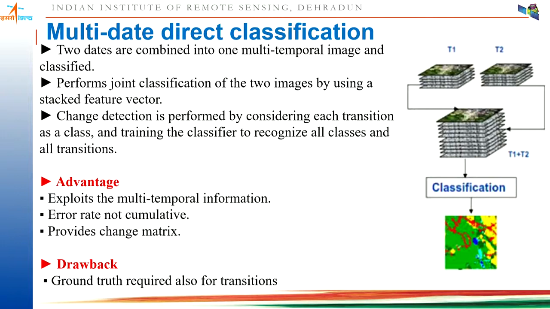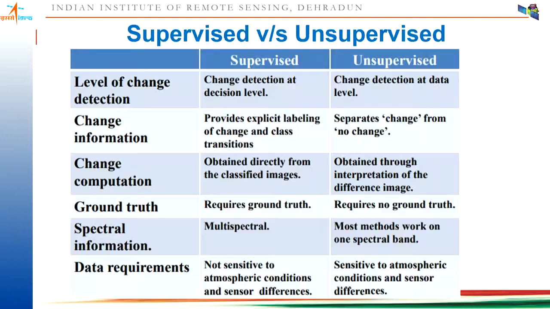So two dates are combined into one multi-temporal image and then they are classified. It performs joint classification of two images by using a stacked feature vector. Change detection is performed by considering each transition as a class and training the classifier to recognize all classes and all transitions. The drawback is that ground truth is required for all the transitions.